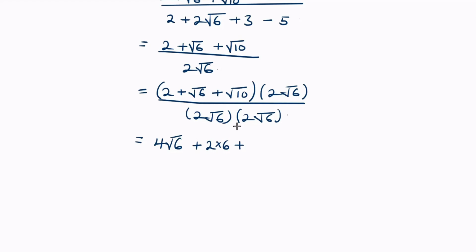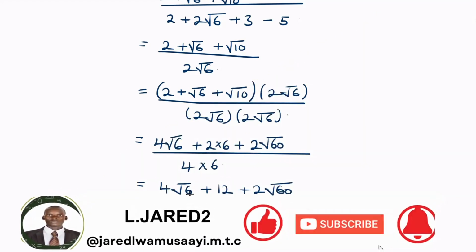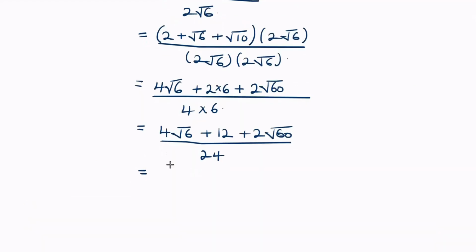Then root 10 multiplied by 2 root 6 is 2 root 60, divided by 2 root 6 multiplied by 2 root 6, which is 4 multiplied by 6. So we have 4 root 6 plus 12 plus 2 root 60 divided by 4 multiplied by 6, which is 24. You can see we have fully rationalized the denominator, and we can reduce by 2.